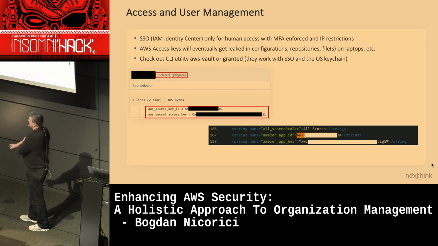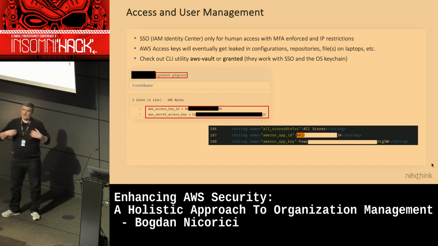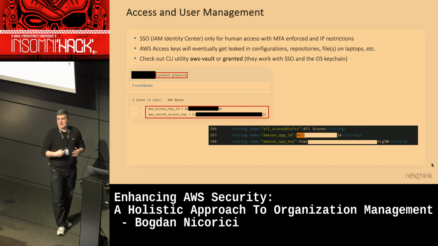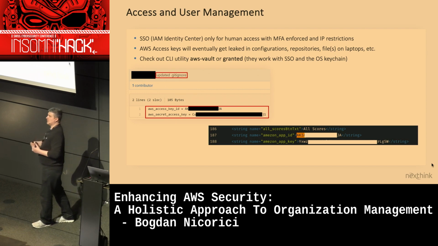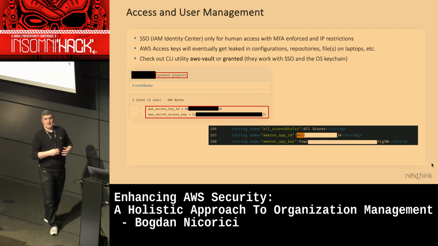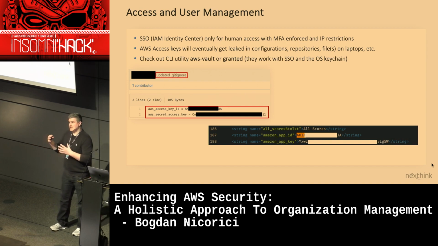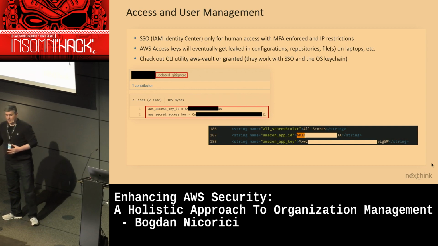One reason we do the IP restrictions is that in AWS, once you've done the authentication, you receive a token, and that token has a lifetime. So for example, if we were to offboard someone in the company, and that person has active sessions, if we say, okay, this person shouldn't have access anymore, but they still have that token in AWS, they will still have access because the session is still valid.